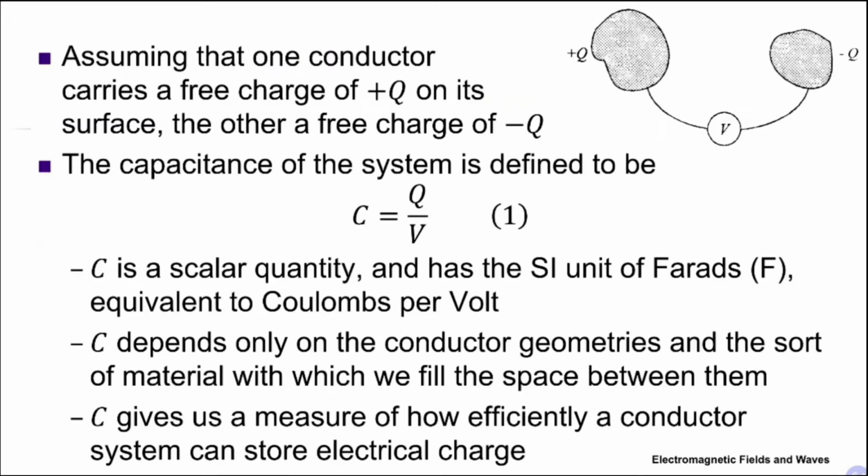Okay, so I have my two conductors. I apply voltage between them. The separation between them could be air, dielectric materials, or a mixture of air and dielectric materials. So if I have two conductors separated and I apply a power supply, then I will end up with a positive charge on one side and a negative charge on the other side eventually.